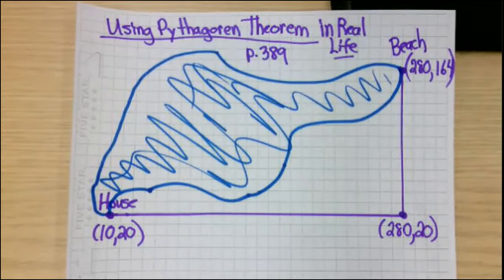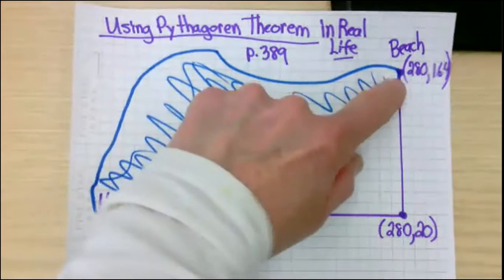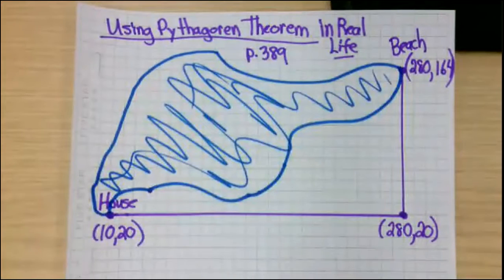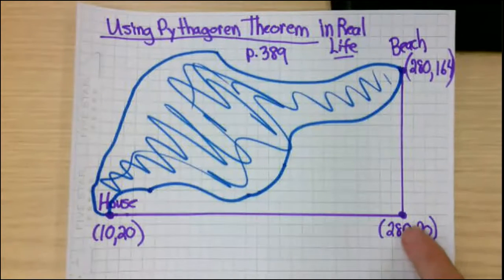Francesca wants to find the distance between her house on one side of a lake and the beach on the other side. House is here, beach is over there. She marks off a third point over here, forming a right triangle as shown. The distances in the diagram are measured in meters.